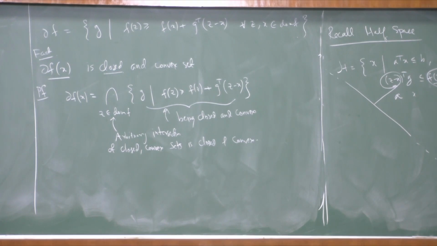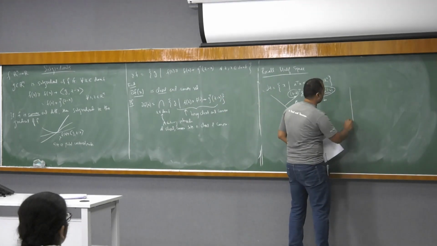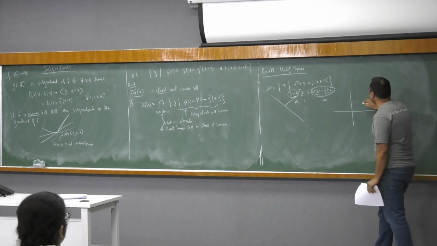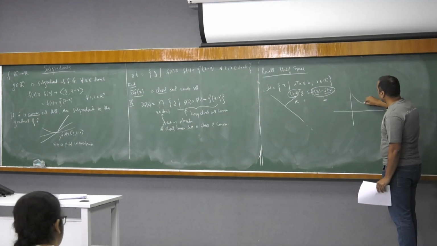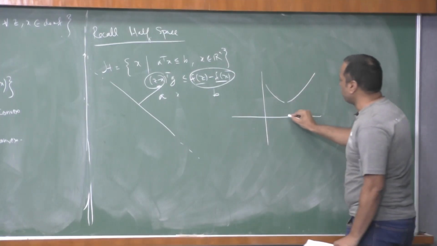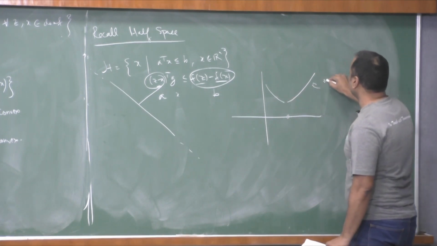Moreover, if f happens to be continuous at x, the subdifferential set is also necessarily bounded. Okay, bounded as a set. Okay, and the intuition behind this could be that if f is not continuous, right? If f is not continuous, then what can happen, right? So not continuous means either there is a jump. Okay, so let us say at this point there is no value defined, so this is a not continuous function.